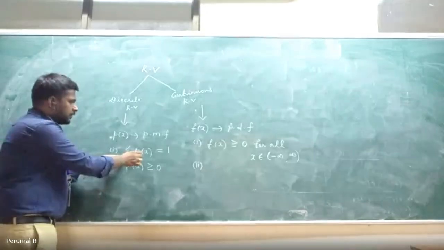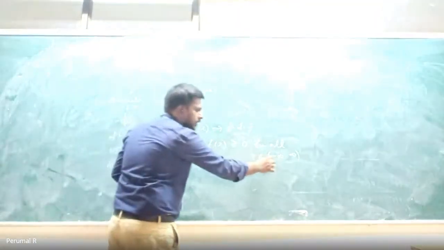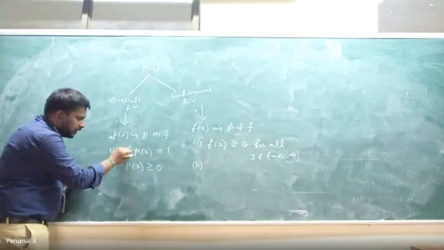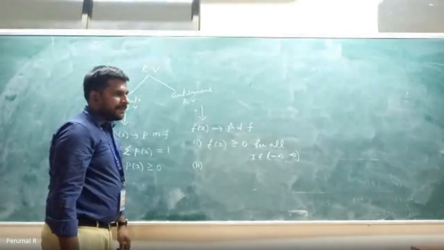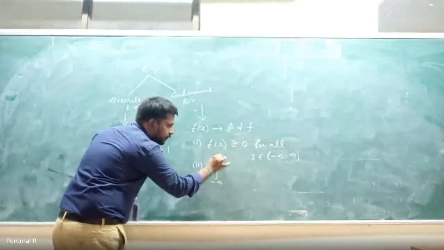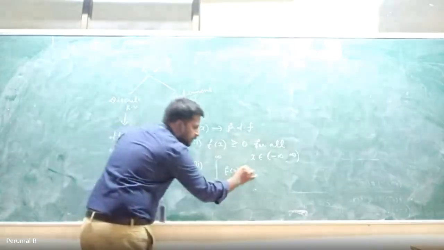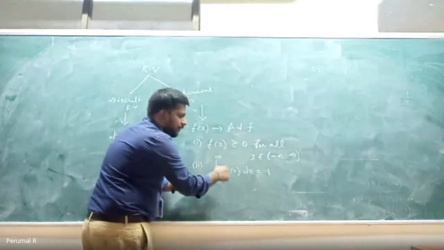Here we use the summation symbol, but for continuous you take the integral from minus infinity to infinity of f of x dx equal to 1. Then only you get the sum of all your probability in that interval.